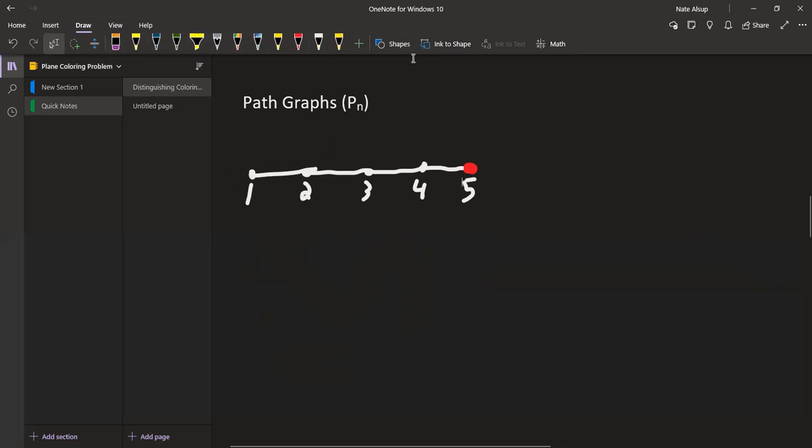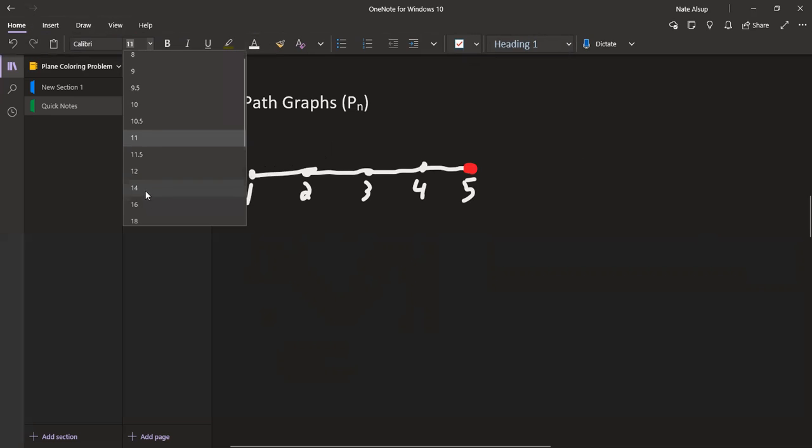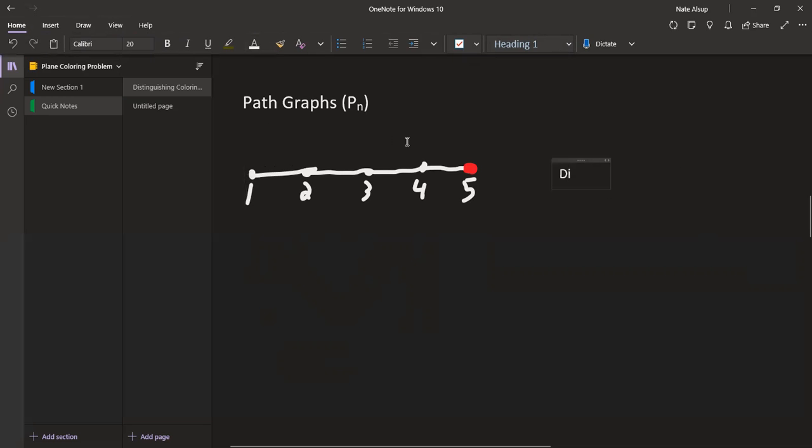So in general terms, this also applies to all sample graphs that I do. I'm going to call them all G, except for when we get to cycles. Dist G is equal to 2.